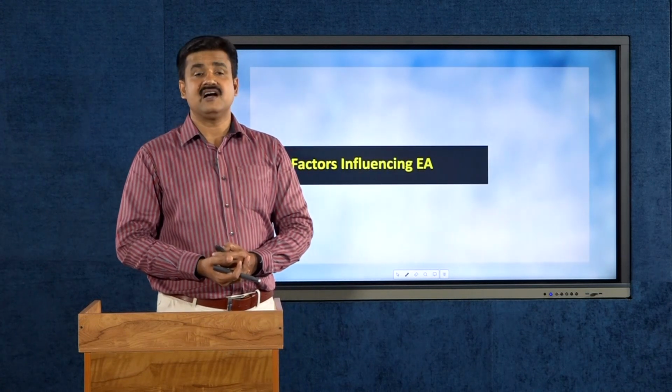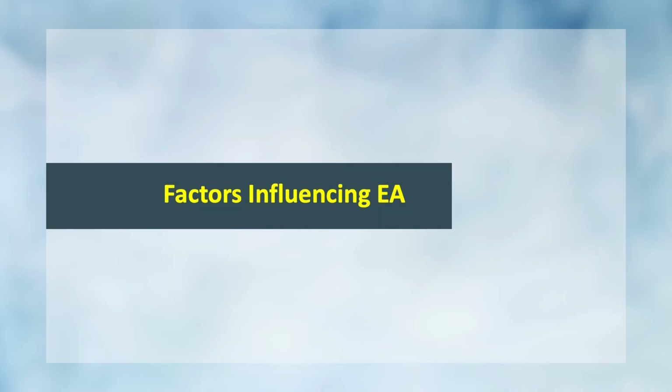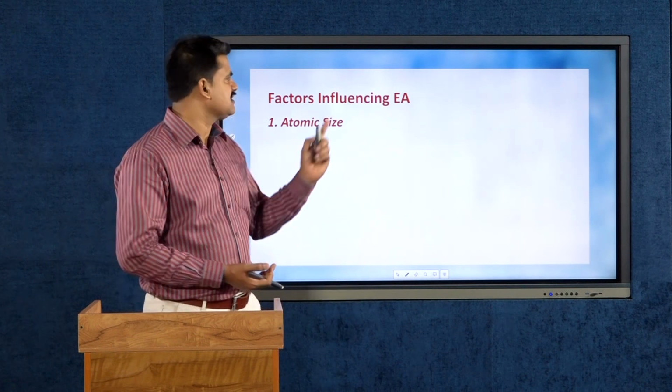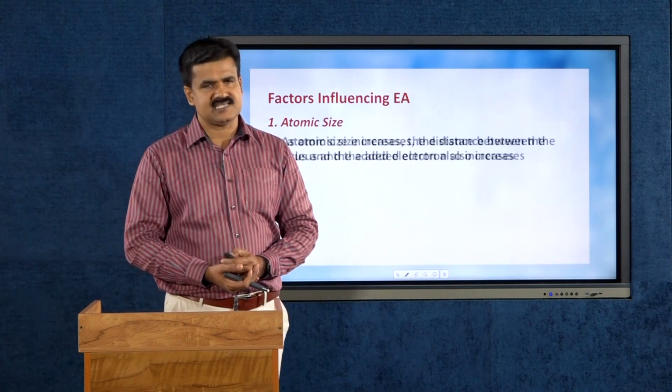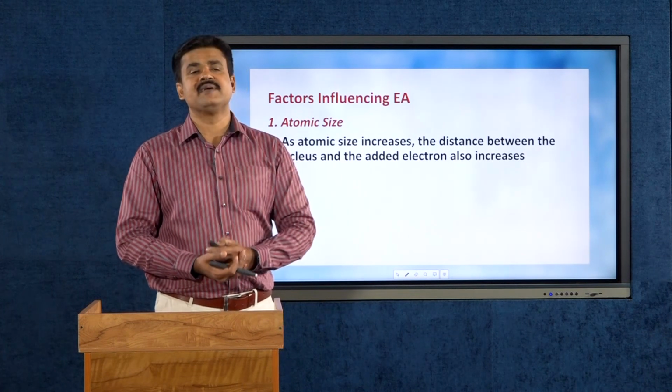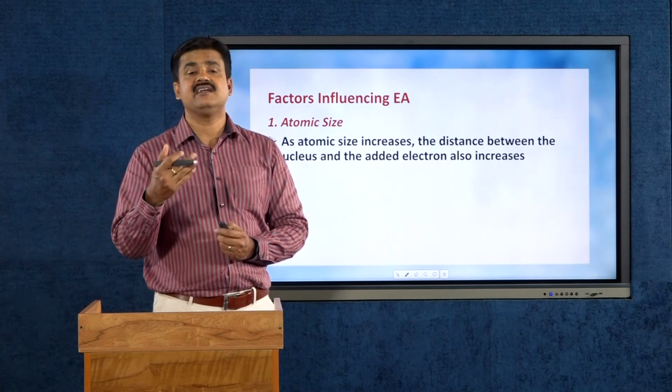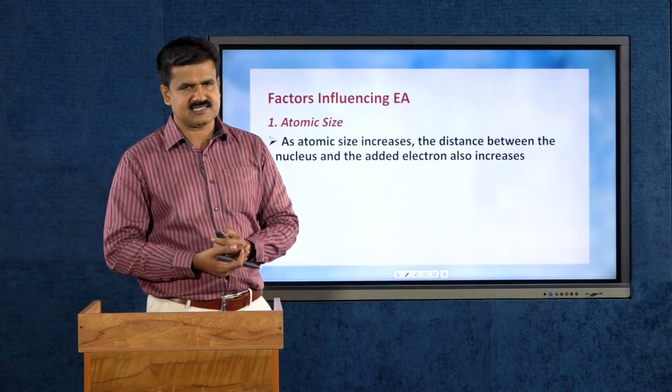Now, factors influencing electron affinity. Various factors are described here. First factor is atomic size. As atomic size increases, the distance between the nucleus and the added electron also increases.